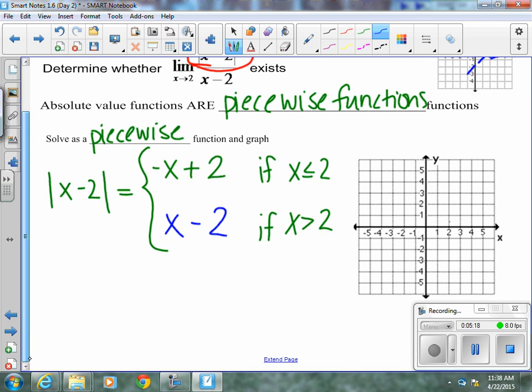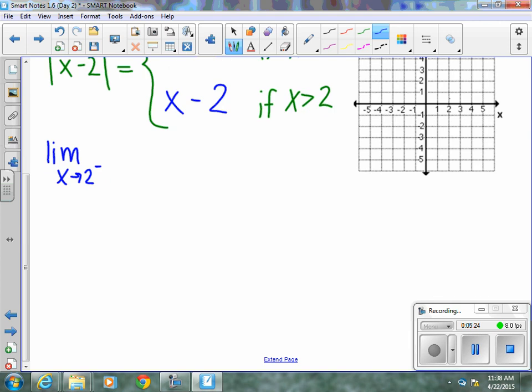So, here's how we can work through this situation. We need the limit as x approaches 2 from the negative side, and the limit as x approaches 2 from the positive side. The x minus 2 is at the bottom on both.